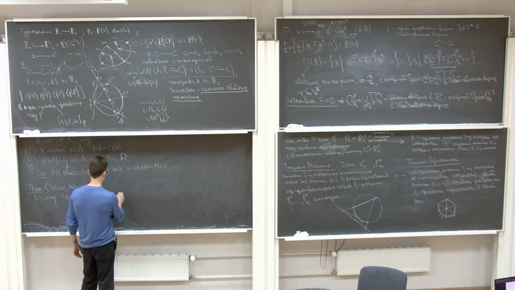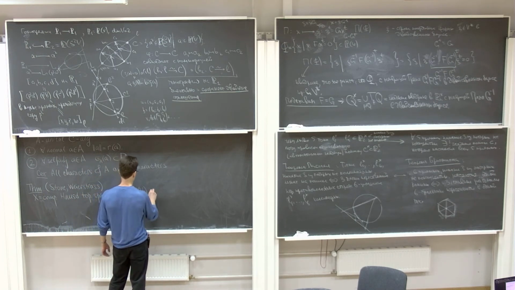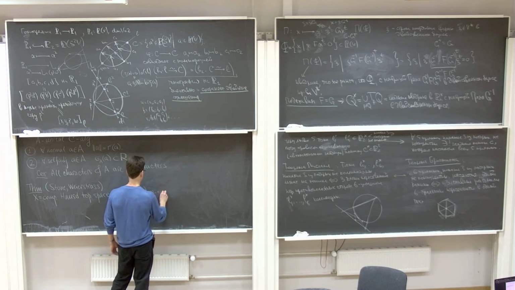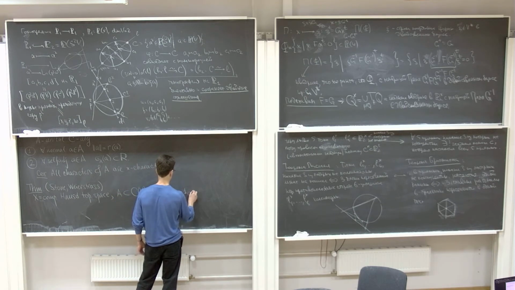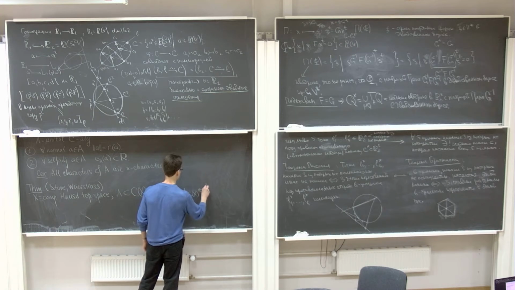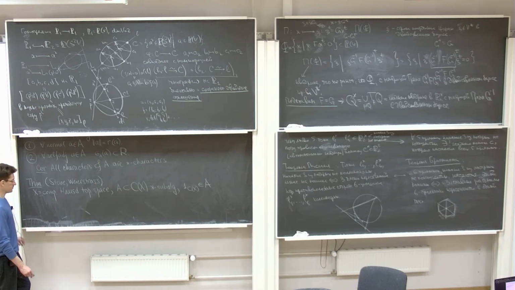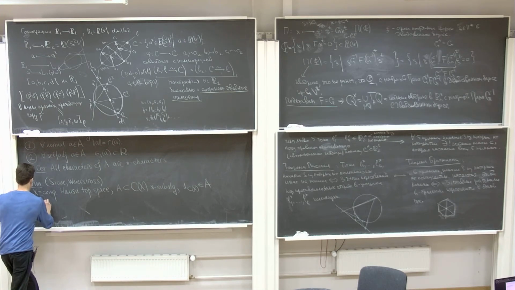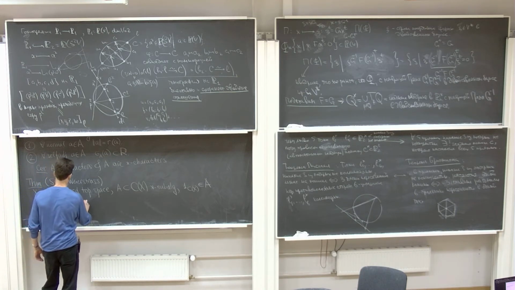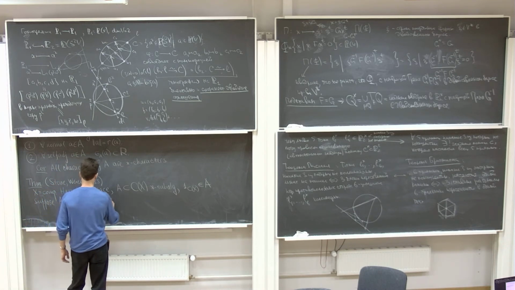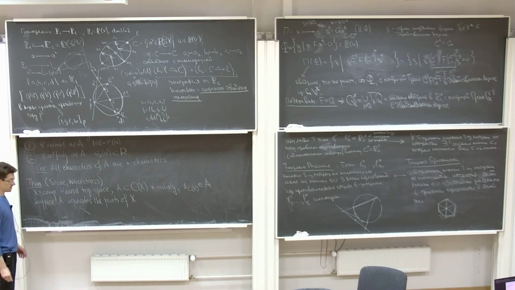And suppose that A is a star subalgebra of the algebra of continuous functions on X, which contains the identity of C of X, that is, contains the function which is identically 1. And suppose that A separates the points of X. Then A is dense in C of X.